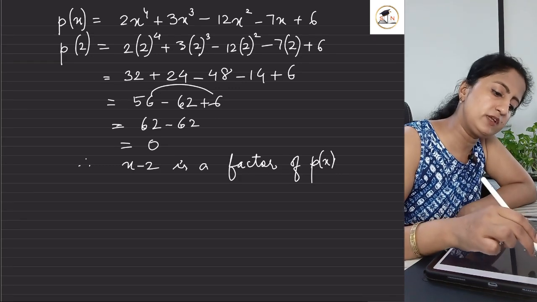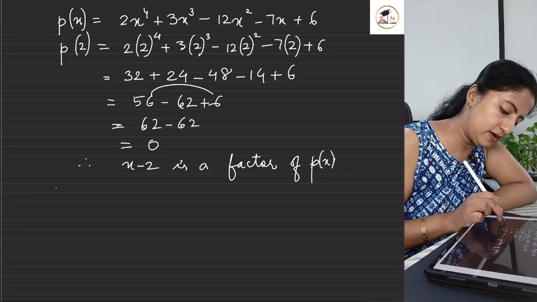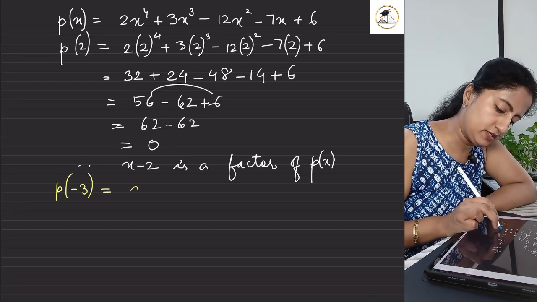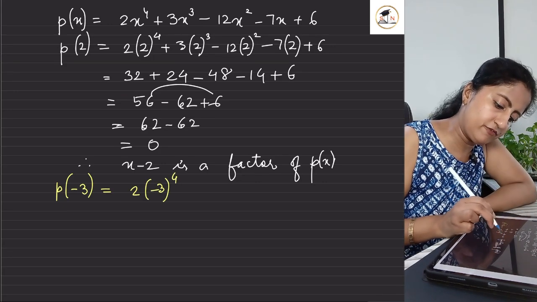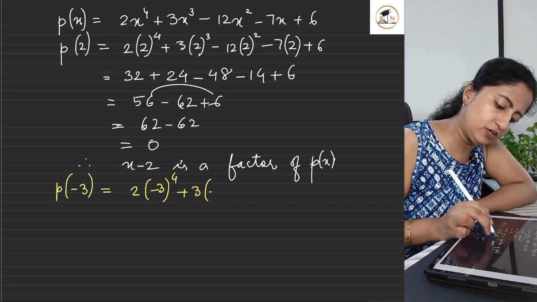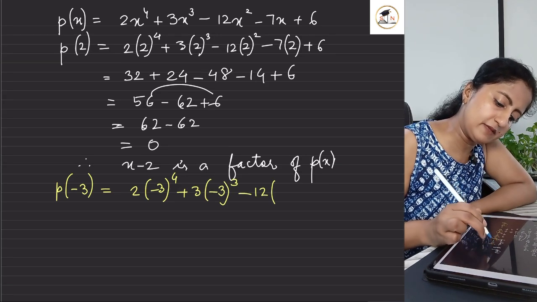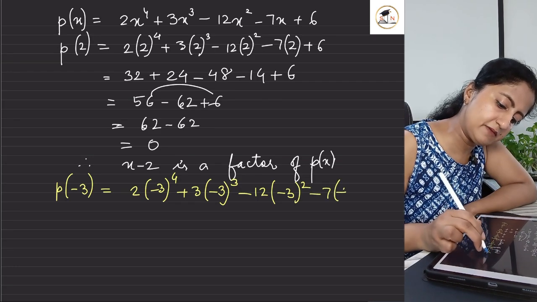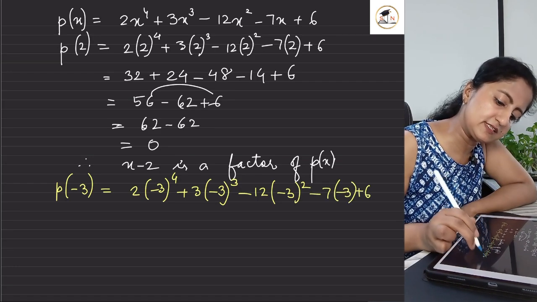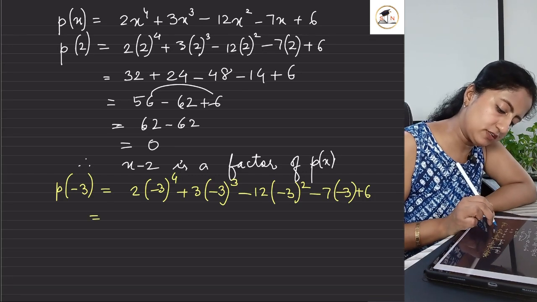Now, the next thing we need to do is for the other value, which was -3. So let's substitute. It becomes 2 into (-3)^4 + 3 into (-3)^3 - 12 times (-3)^2 - 7 times (-3) + 6. So now we will solve this.